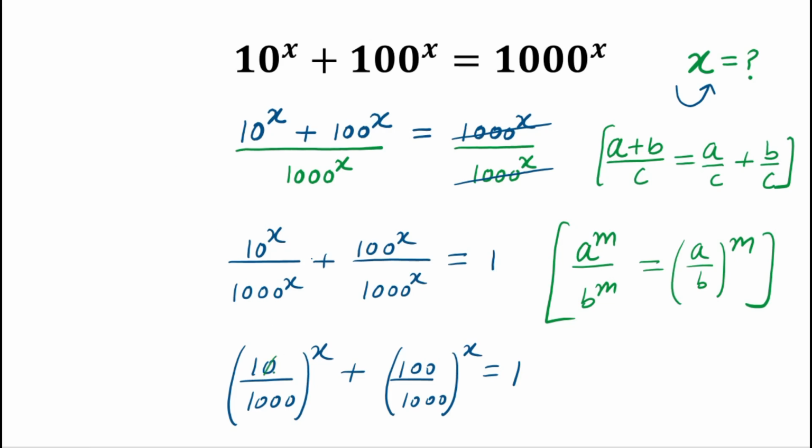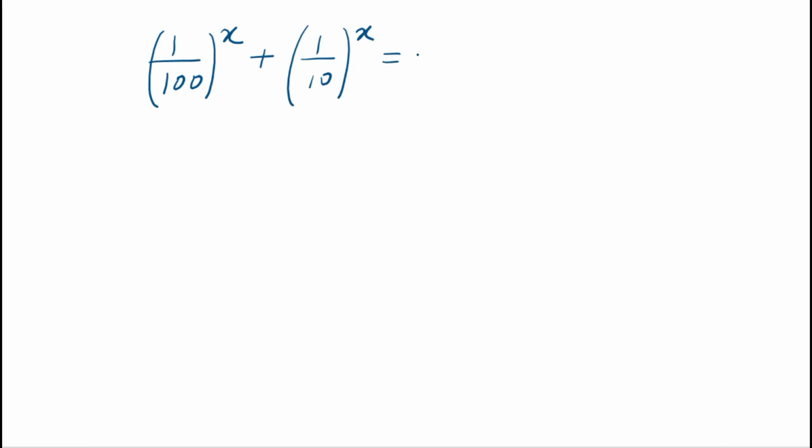Now here this and this are cancelled out. In the left hand side, (1 over 100) bracket power x plus (1 over 10) bracket power x is equal to 1.